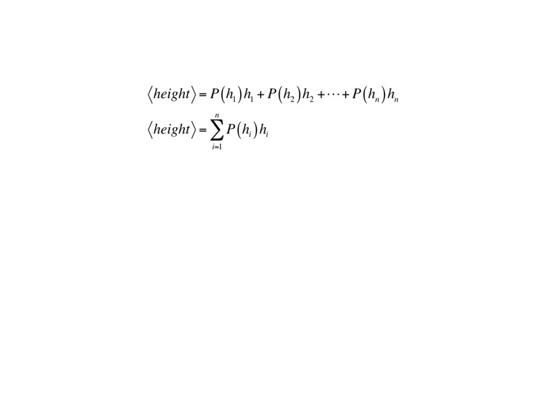Now, if we have a continuous distribution, as always, that sum becomes an integral. And so the average value of a property will be the integral over the range of the probability of finding that property times the value of that property, integrated over all values of that property, x.